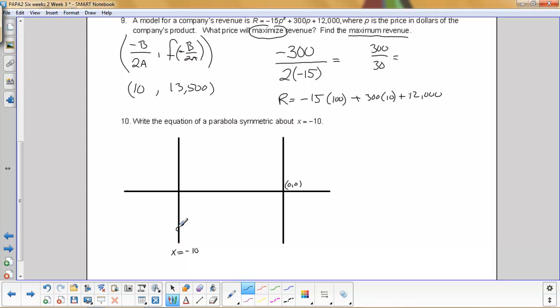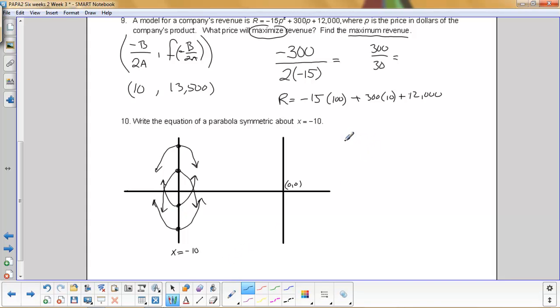Now all that means is that I have a whole bunch of parabolas that can be lined up along this particular line of symmetry. Not very difficult once you realize what it is you're actually asked to do. All I need to do is come up with an equation of a parabola that could be on this line.